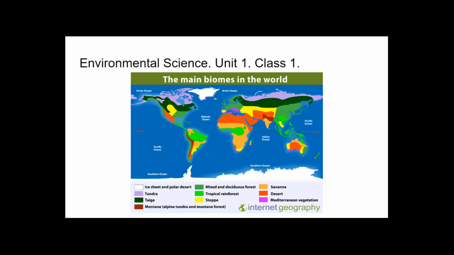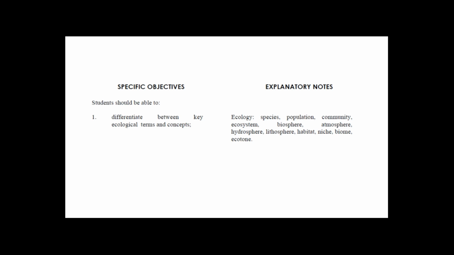So a biome is an area with a characteristic type of plant and animal life, which can be shown on a map. We'll discuss it in more detail in a minute.